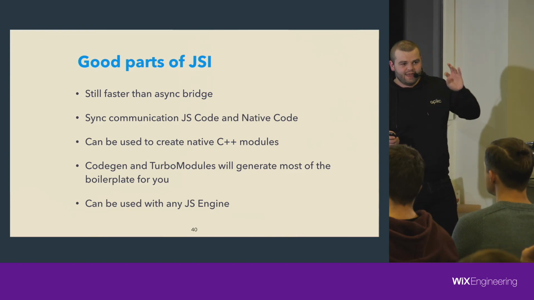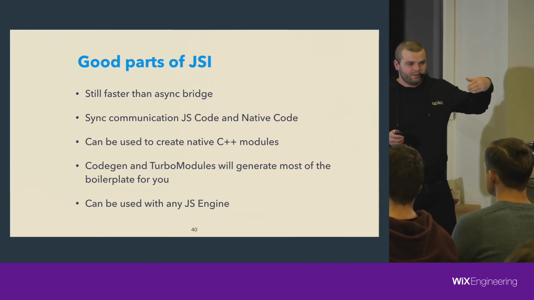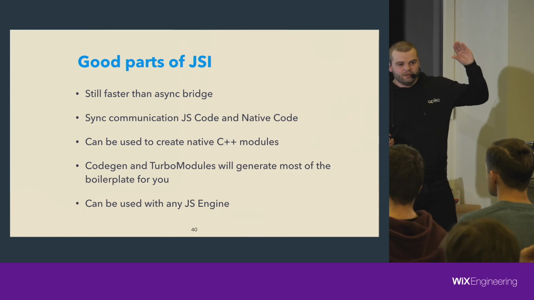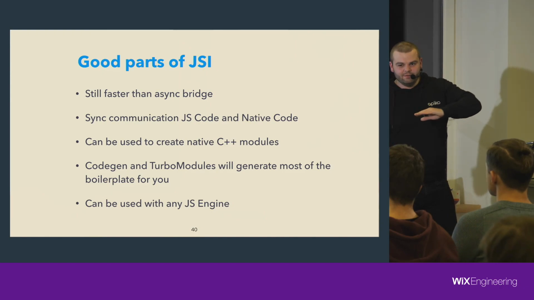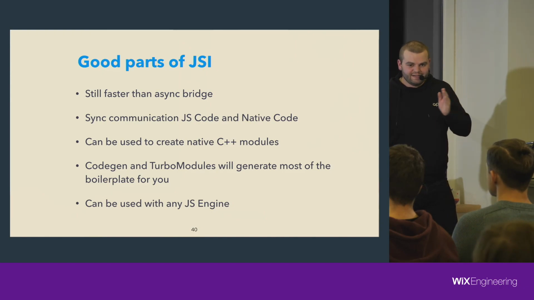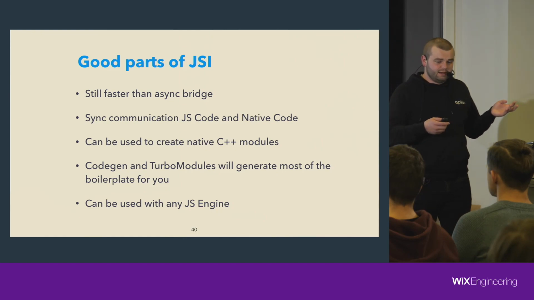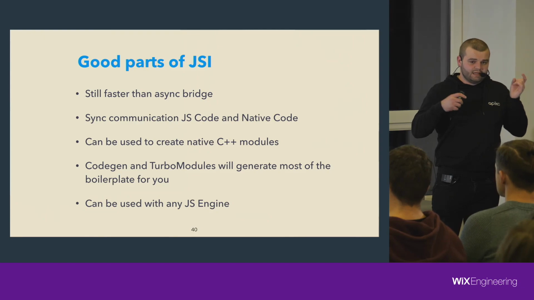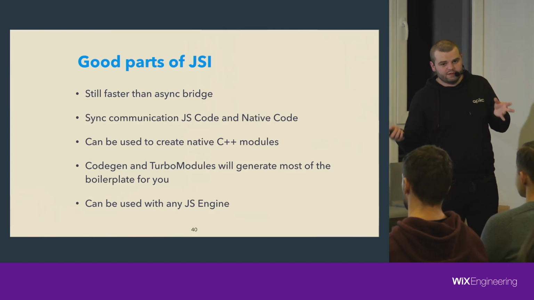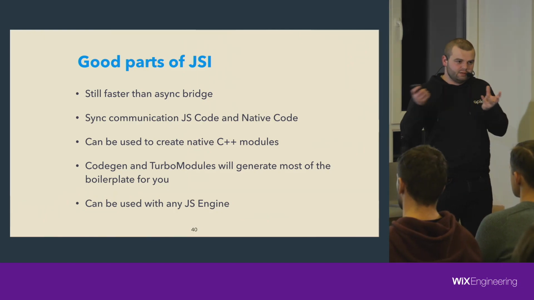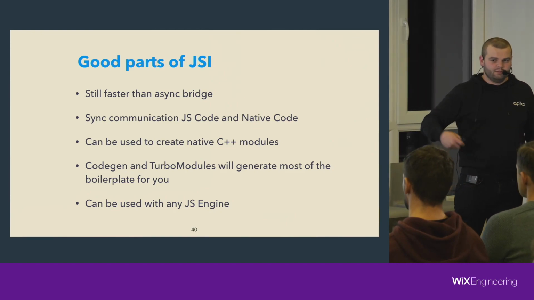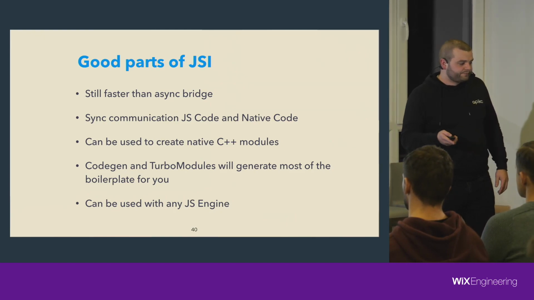So basically, when you invoke something from the JS, it will wait until native responds to you. So you can do things synchronously, and you can do asynchronously as well because it has promises built in. So you can just use the promise and it will not block the JS thread.